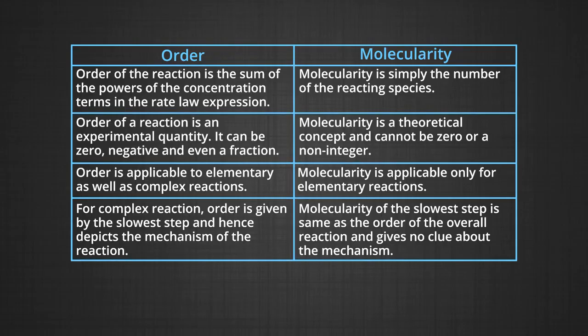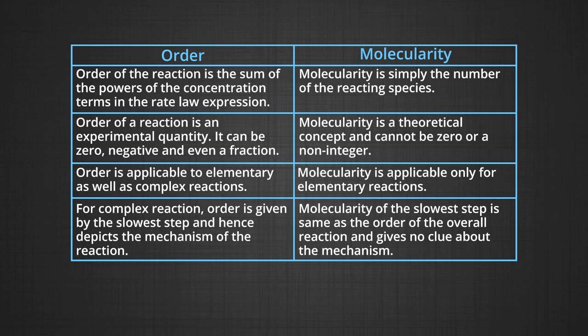First, the order of a reaction is the sum of the powers of the concentration terms in the rate law expression, while molecularity is simply the number of reacting species. Second, order of a reaction is an experimental quantity. It can be 0 and even a fraction, but molecularity is a theoretical concept and it cannot be 0 or a non-integer.